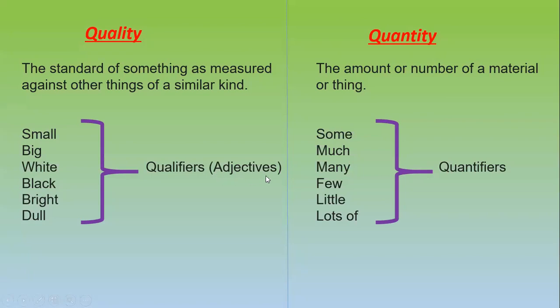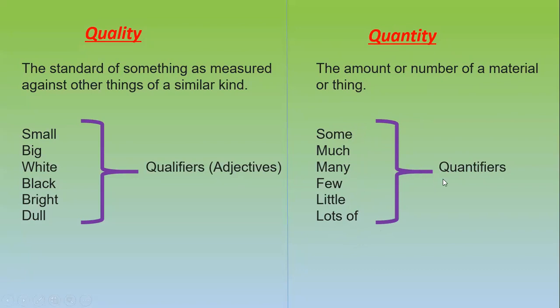And the words which we are going to concentrate on in this chapter are the quantifiers. What are quantifiers? The amount or number of a material or thing is quantity, and the words which mention the quantity of something, we use these words: some, much, many, few, little, lots of, a few of, all of, none of, many, any.